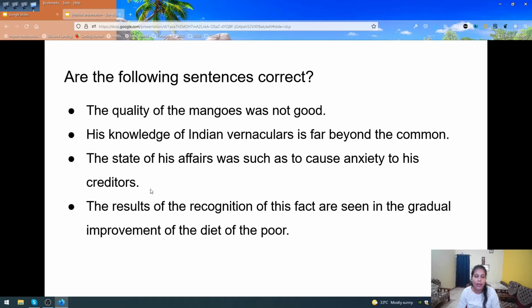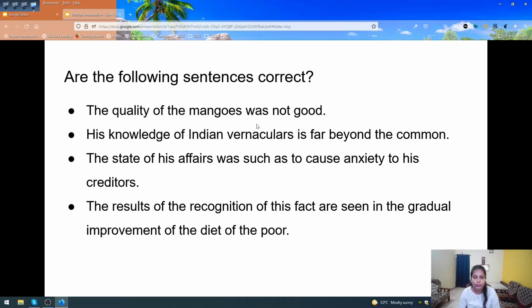Apart from this, there are some other rules which should be followed. But here I have taken some sentences to see whether these are correct or not. The quality of the mangoes was not good. Is this a correct sentence? Mangoes is a plural noun. We are talking about more than one mango.